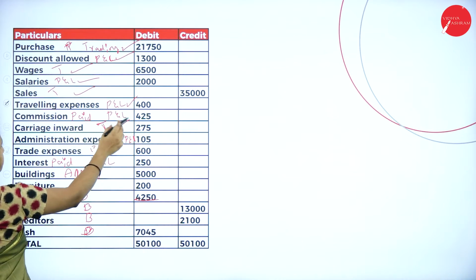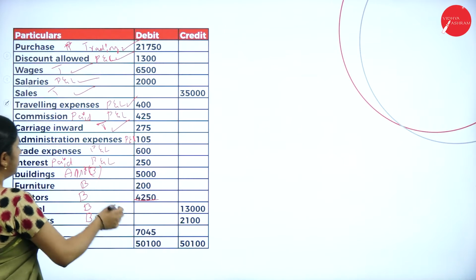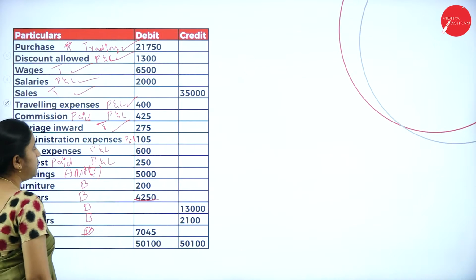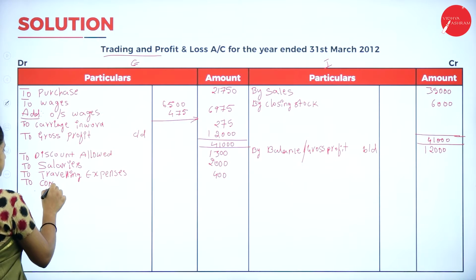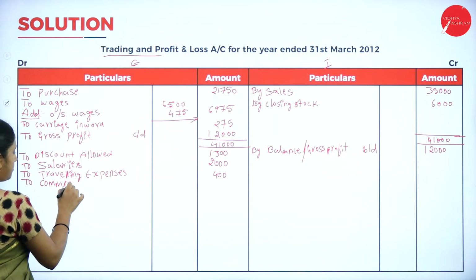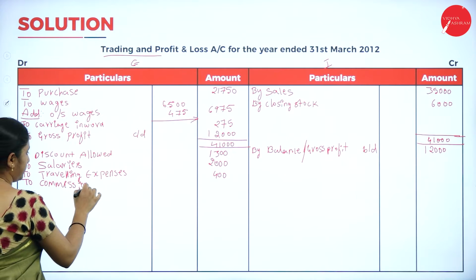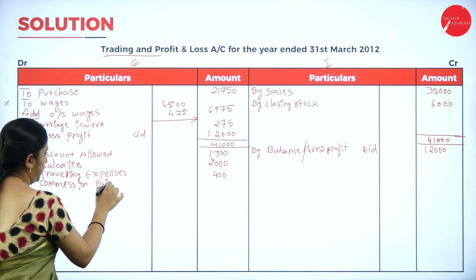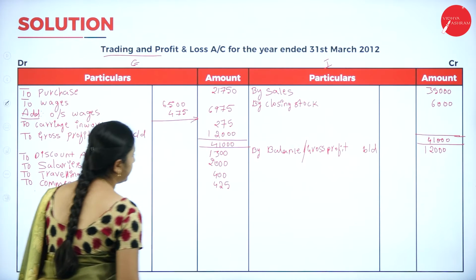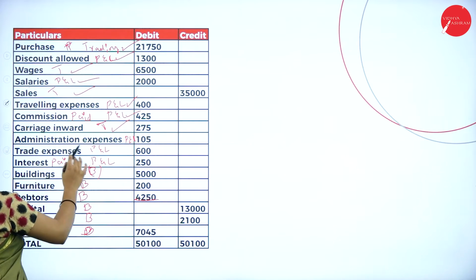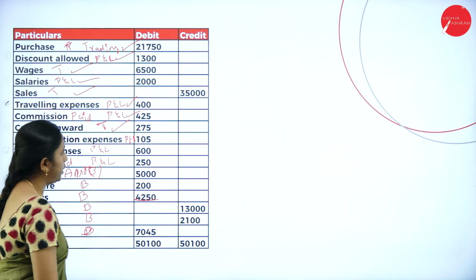Next, commission paid. Commission paid is an expense. Debit side, commission paid 425. To commission paid 425. Next, administration expenses 105.